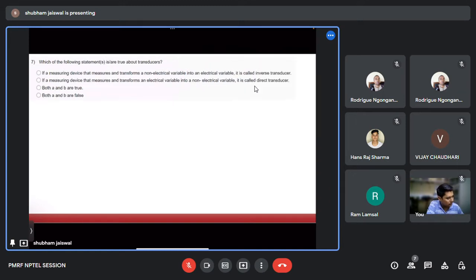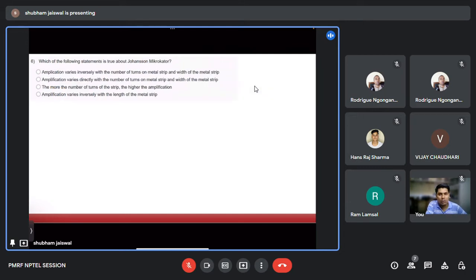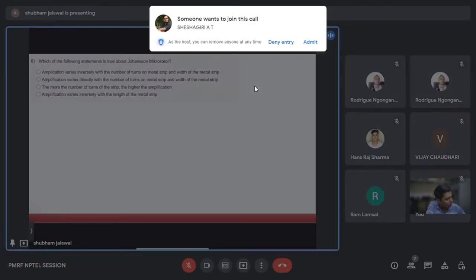Okay. So, in the Johansson Mikrokator, the amplification dθ/dL is directly proportional to the length.